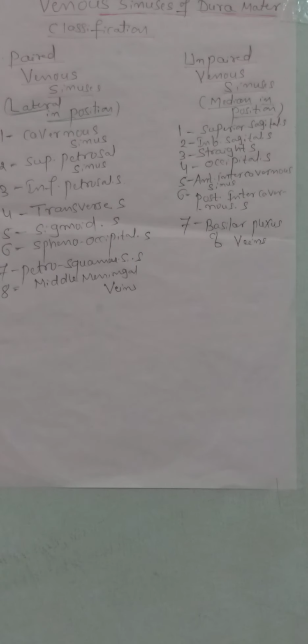Whereas the sinuses situated in the middle are unpaired. They are single: superior sagittal sinus, inferior sagittal sinus, straight sinus, occipital sinus, anterior intercavernous sinus, posterior intercavernous sinus, and basilar plexus of veins.